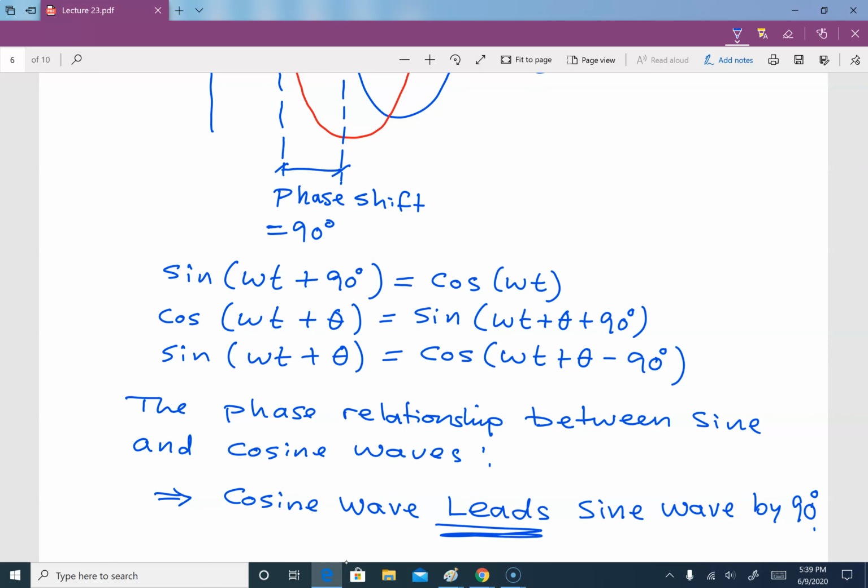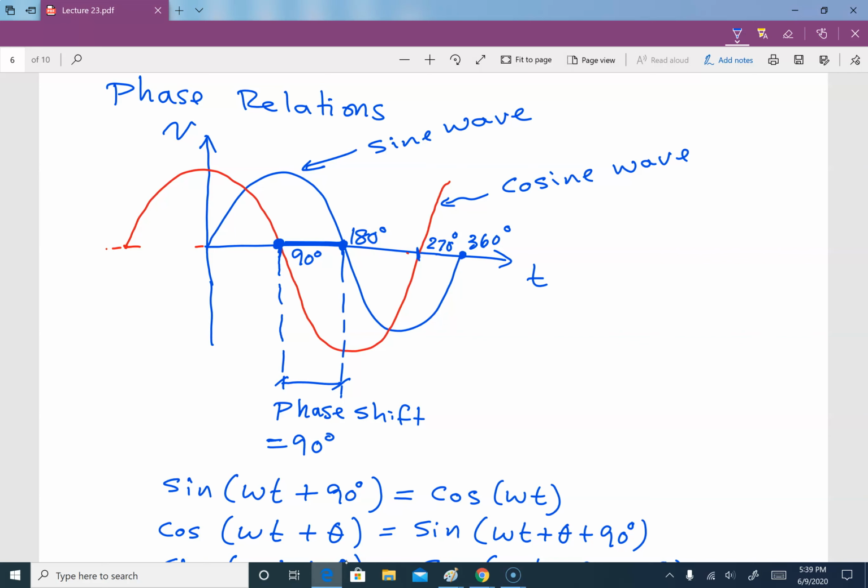How come the cosine is ahead? This is how we look at it. Which waveform reaches its peak first? If you look at the cosine, it reaches its peak at 0, right? While the sine wave reaches it at 90 degrees.